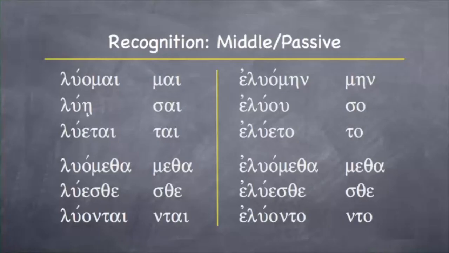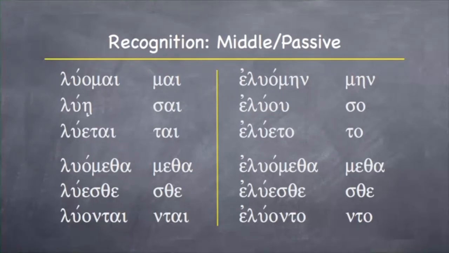As you compare the active and the secondary again, you can see similarities and differences. Make sure that you pay close attention to these. First person singular, the primary is my, the secondary is main. Not that hard, both three letters, both beginning with a mu. In the second person singular, it's psi in the primary and sa in the secondary.